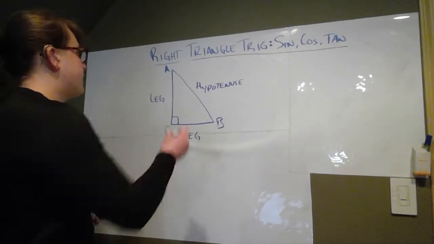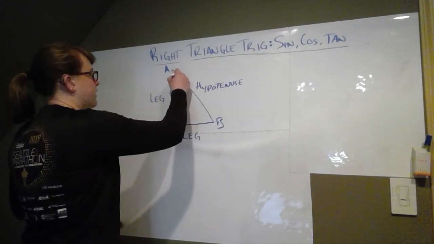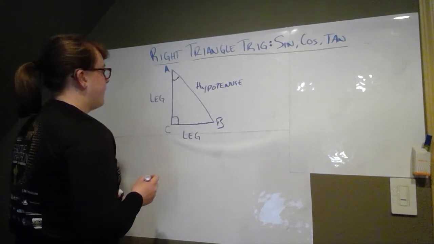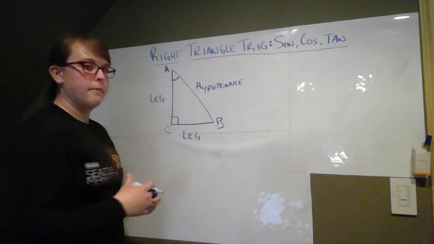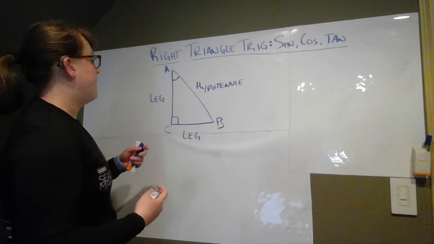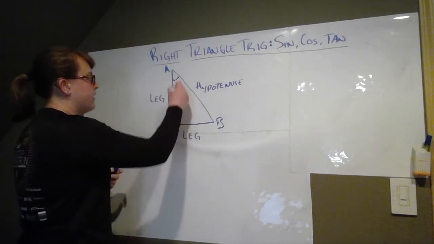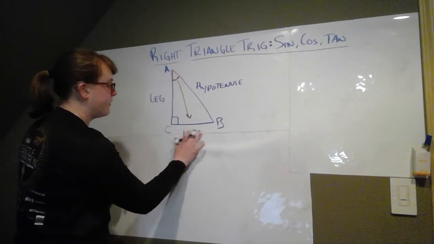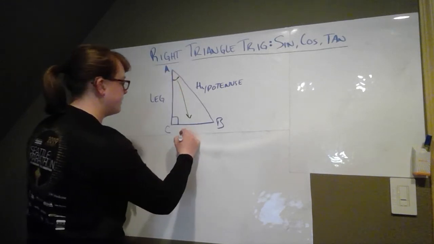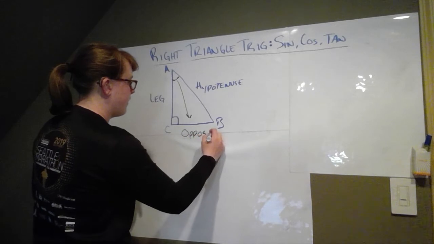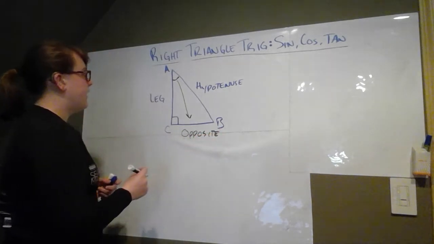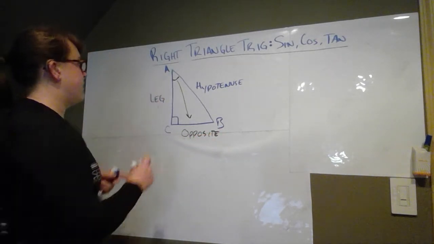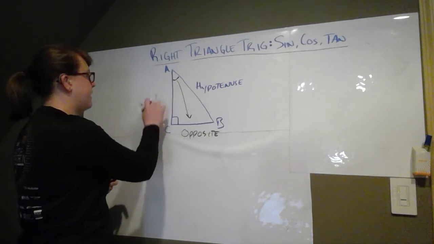So, for example, if I'm looking at angle A, then if I want to talk about these two legs, I'm going to talk about them as the opposite leg, since it is across from angle A. So this one is going to be the opposite side. And then the one that's next to it is going to be called the adjacent side.